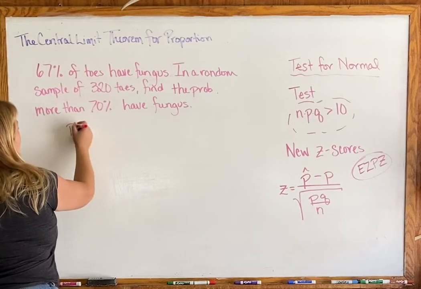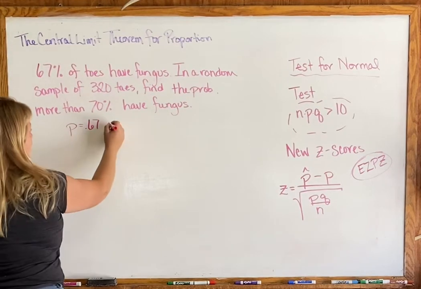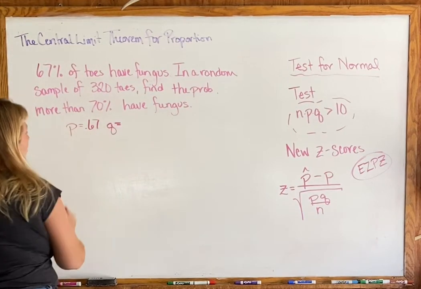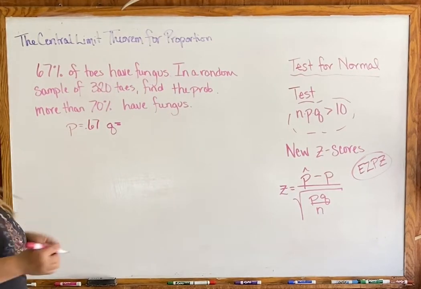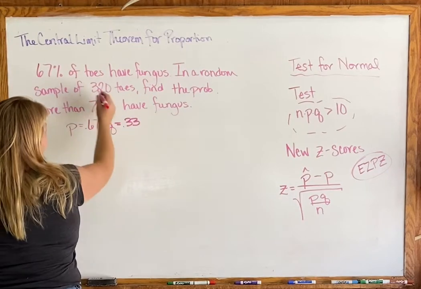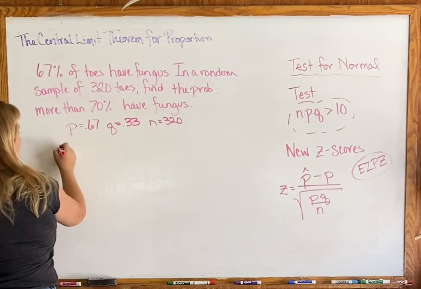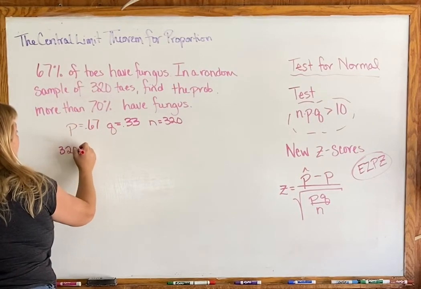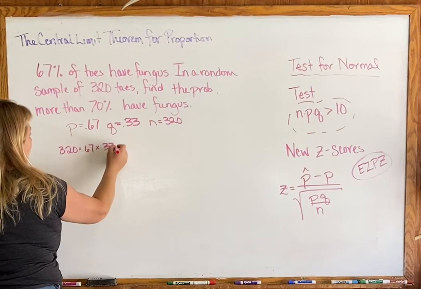So we know that p is going to be 0.67. We also need q, so if p is 0.67, q is going to be the complement, which would be 0.33. And we also have our n of 320. So we're going to take 320 times 0.67 times 0.33.